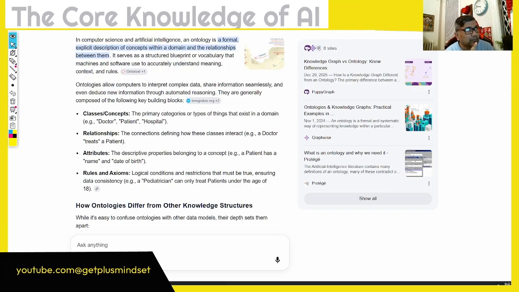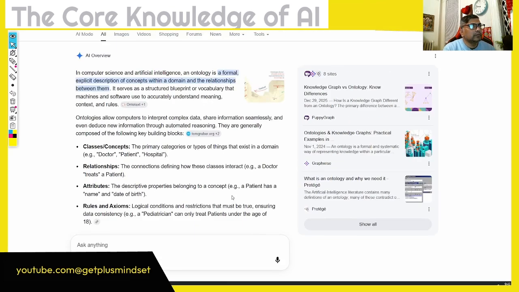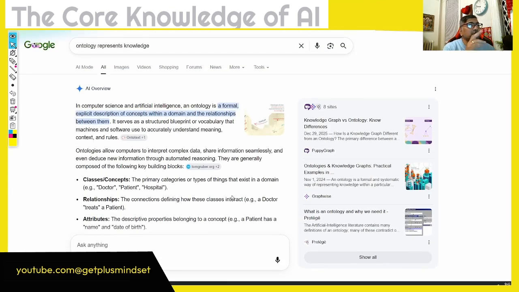So information science is a part of how to represent the information. It is called ontology, where you want to manage complex data, and at the same time you want to organize it in such a way that there is a connection between those areas of knowledge. Here, classes and concepts are the primary categories that exist in a domain.